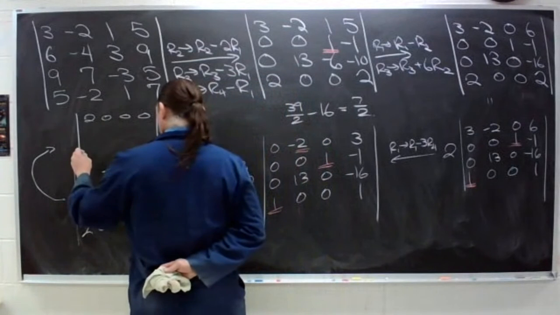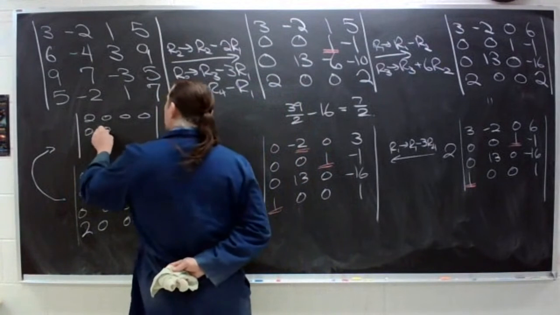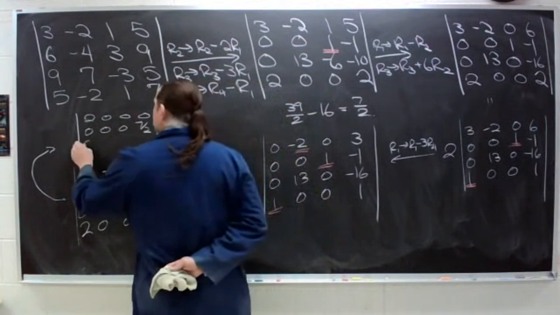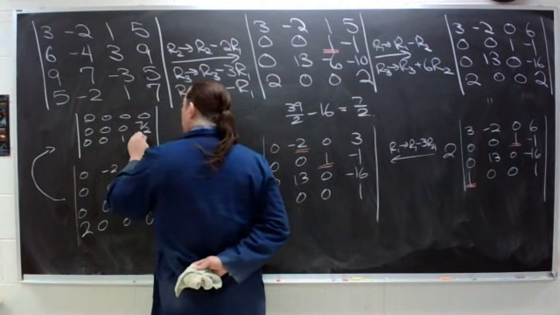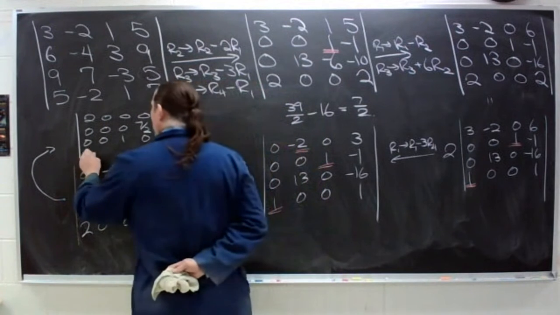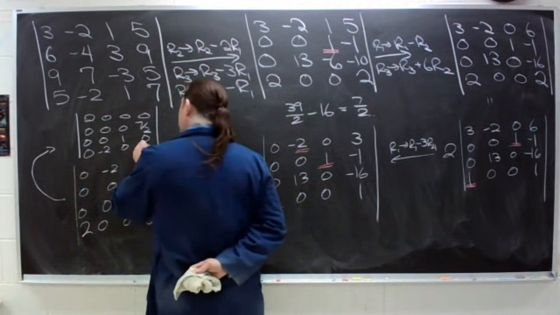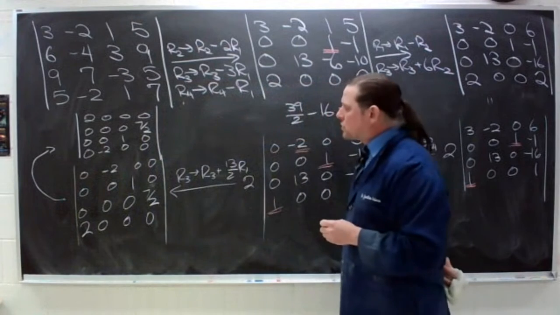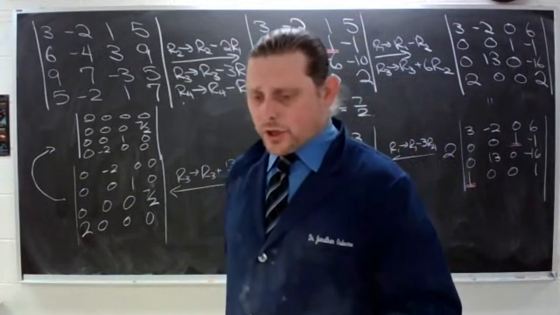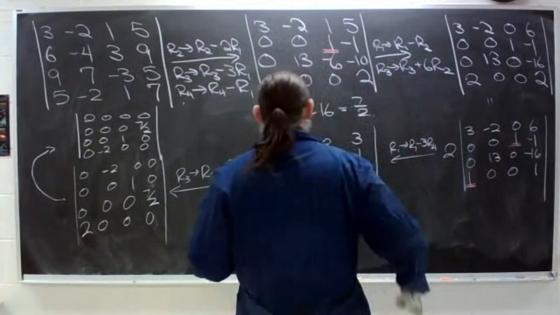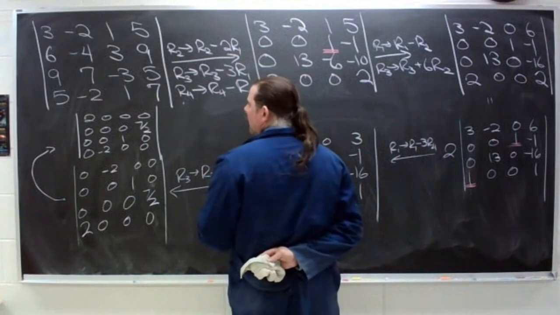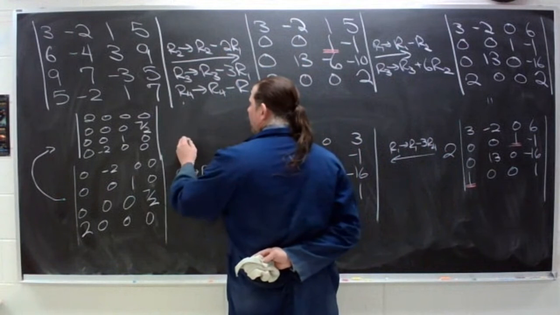So I would have 0, 0, 0, 7 halves, 0, 0, 1, 0, and then 0, negative 2, 0, 0. I did 2 row swaps, so that means that it doesn't change the sign. Now I'll go one more by swapping the 2nd and 4th.